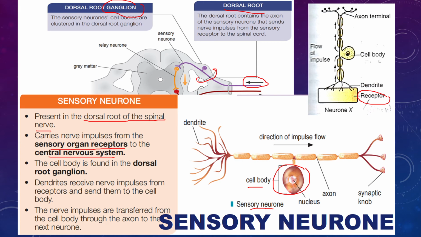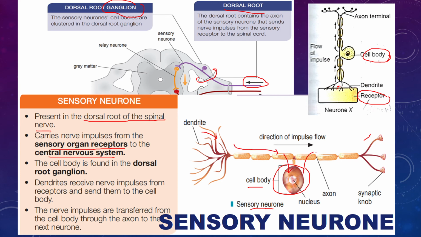Dendrites receive nerve impulses from receptors. Inilah dendrite dia. Daripada receptor, diterima nerve impulses. And then it's going to send it to the cell body. Cell body berada di sini. Daripada dendrite, dia jalan begini, going to the cell body first.